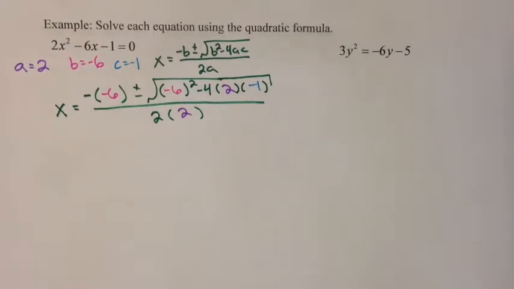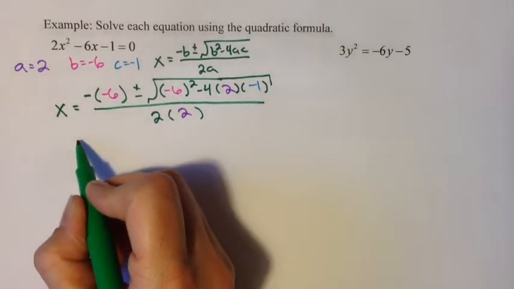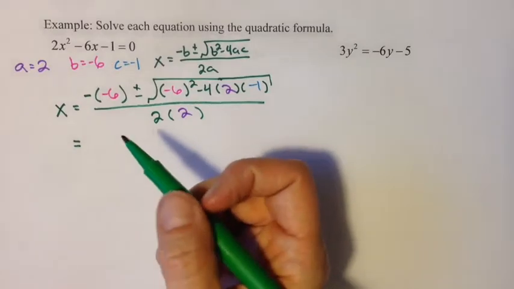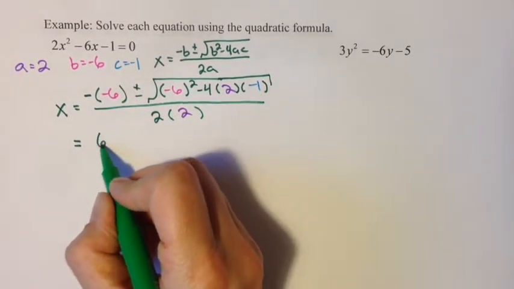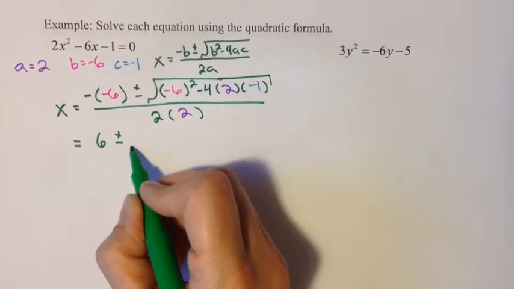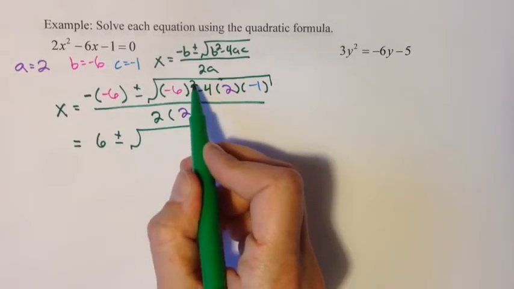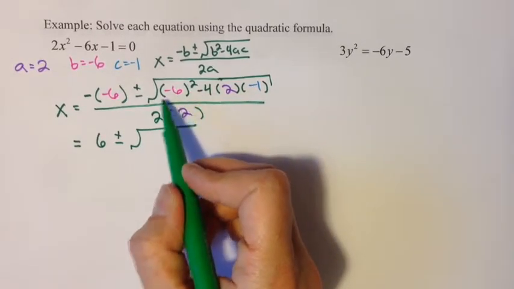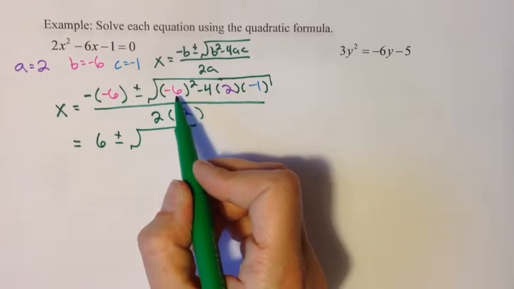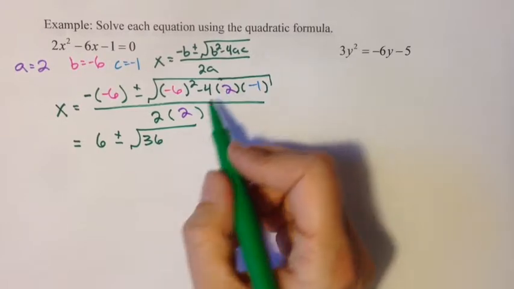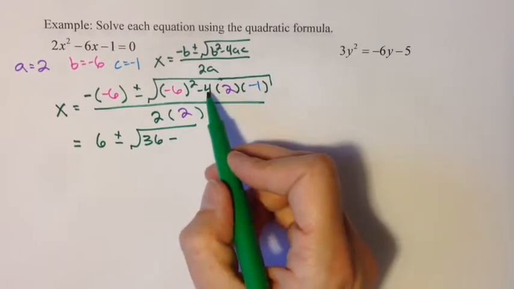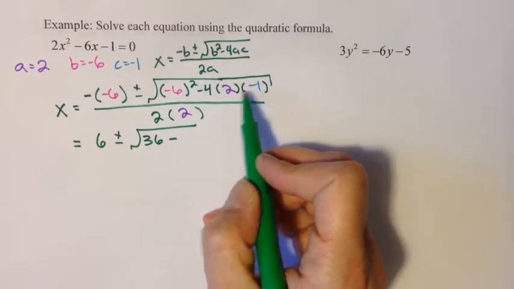So now as I continue to work on simplifying this, I should be able to keep track of my negative signs, I hope. I've got the opposite of negative 6, which is regular 6, plus or minus the square root of negative 6 squared. Now remember, when it's in parentheses like this, it means negative 6 multiplied by itself, which is positive 36. And then minus 4 times 2 times negative 1.